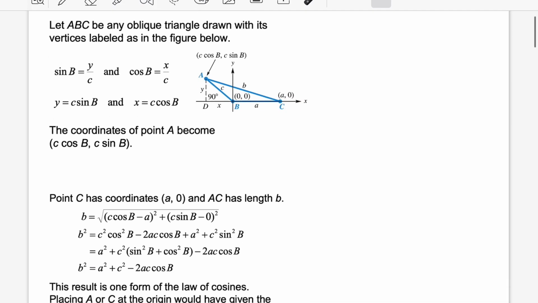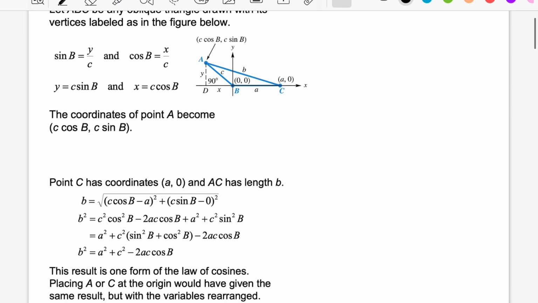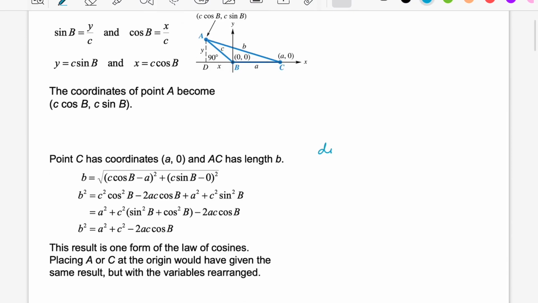So if we wanted to find the length of this side b with that given information, we can use our distance formula. If you remember, the distance formula is given by the following.